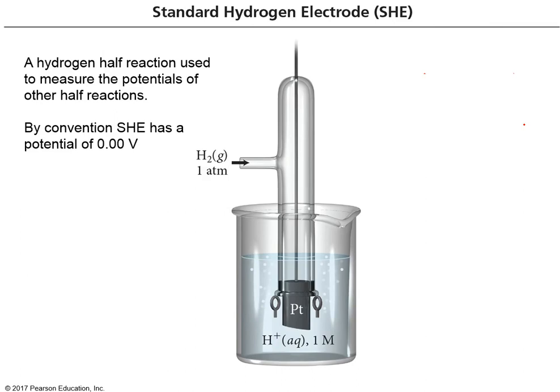This electrode, by convention, has a potential of 0.00 volts. So we can connect other electrodes to this SHE. Then we can read the other electrodes. The value we get will be the potential for those electrodes, because we have said the value of SHE is 0. So this is the SHE.